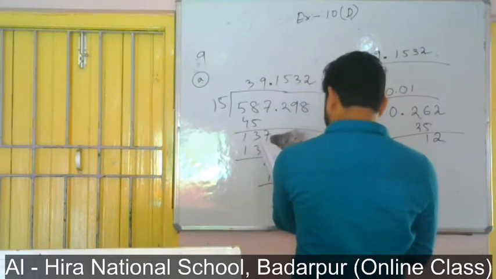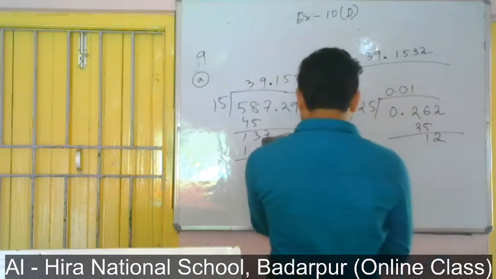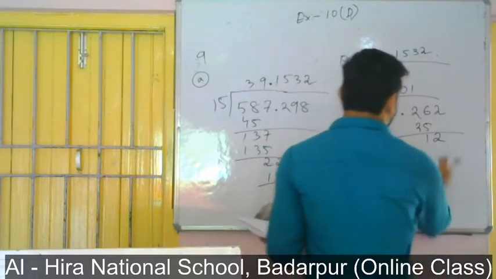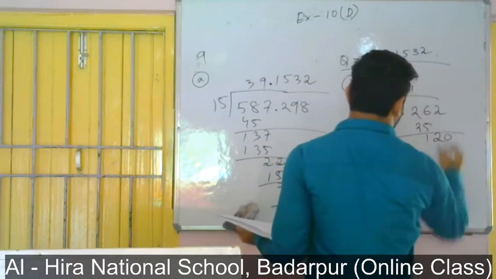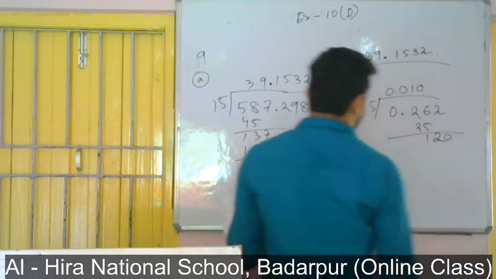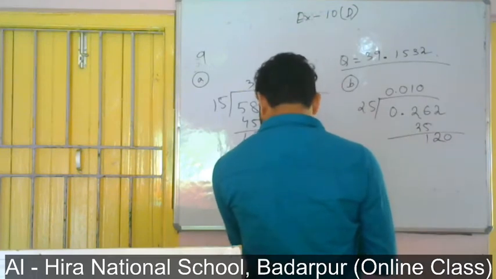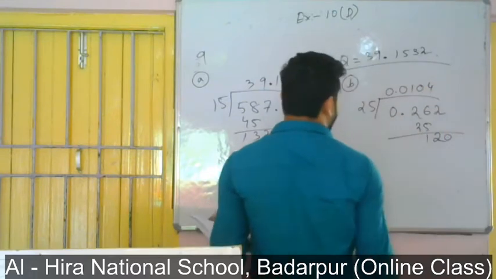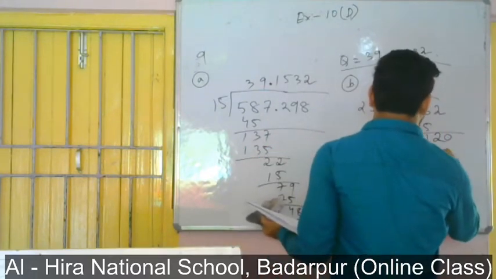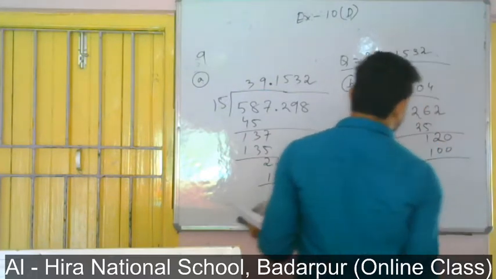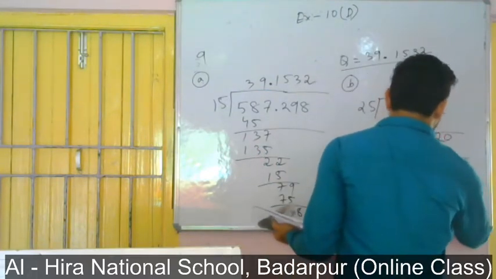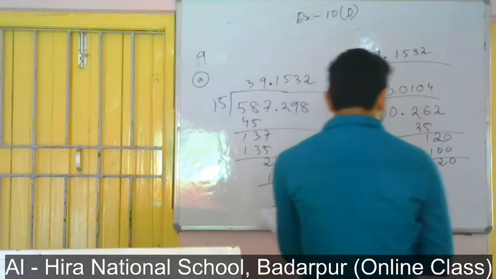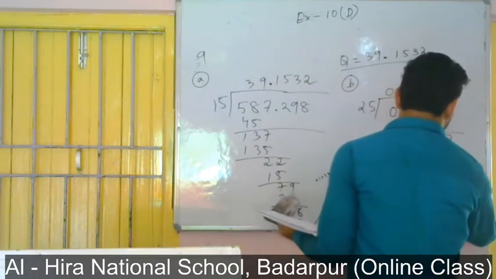9B, 25 divided by 0.262. Yes, the question is correct. So we'll take 1 0. We'll take here 1 0. So now let us check. 4 25 jar 100. Now we'll take 0, here 2 20 not divisible. So point is there, we'll put 0.